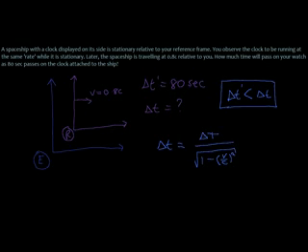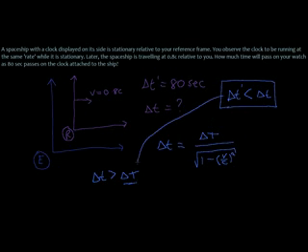Or simply, in this formula, we have our proper time divided by a number which is less than 1 usually. Because we're dividing by a number less than 1, it's like multiplying by a number greater than 1. And so our delta T is going to be greater than our proper time. So because our delta T is greater than our proper time, in this case, our delta T prime must be our proper time.